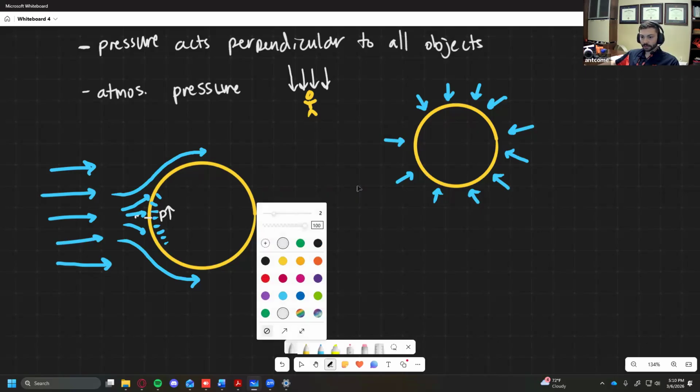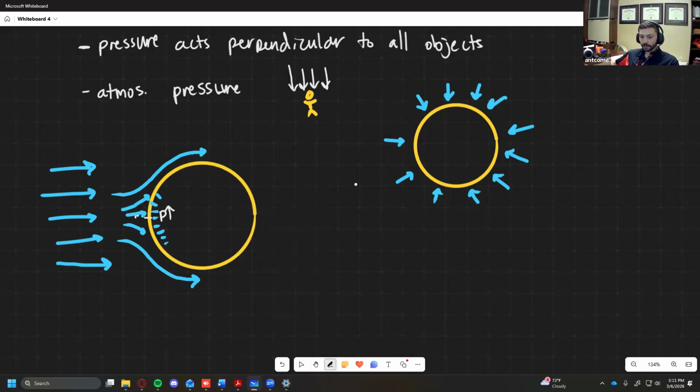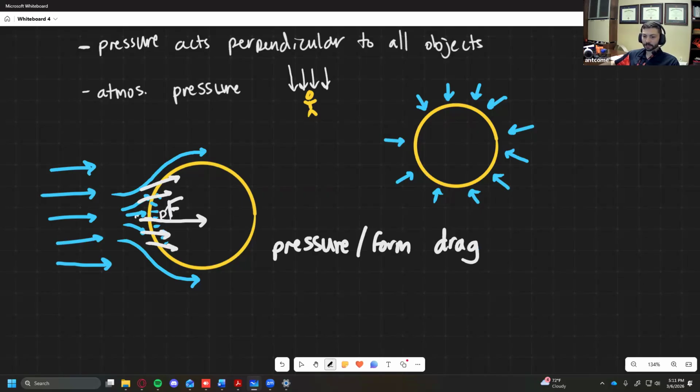If we were to draw this out, the net result is a force in the rearward direction, which will try to push the ball back in line with the air. This component specifically is going to be the primary pressure or form drag. So the immediate force that's being pushed back across the front surface is going to be your form drag.